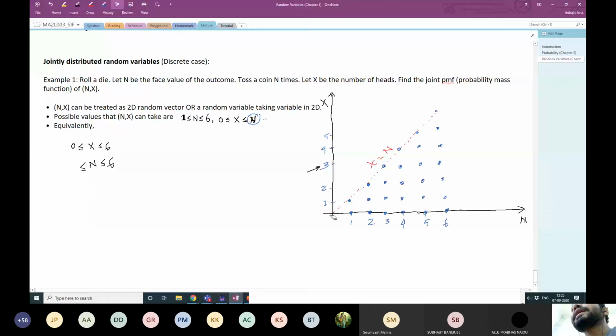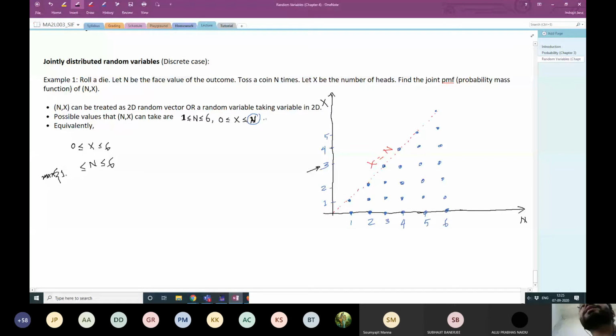So the way I would write it is the maximum of 1 and x. The range of n starts from the value of x, but if x is 0, then it starts from 1.